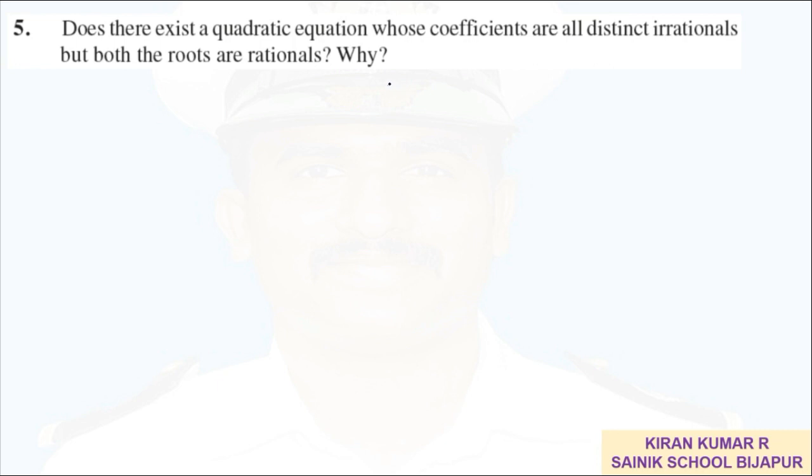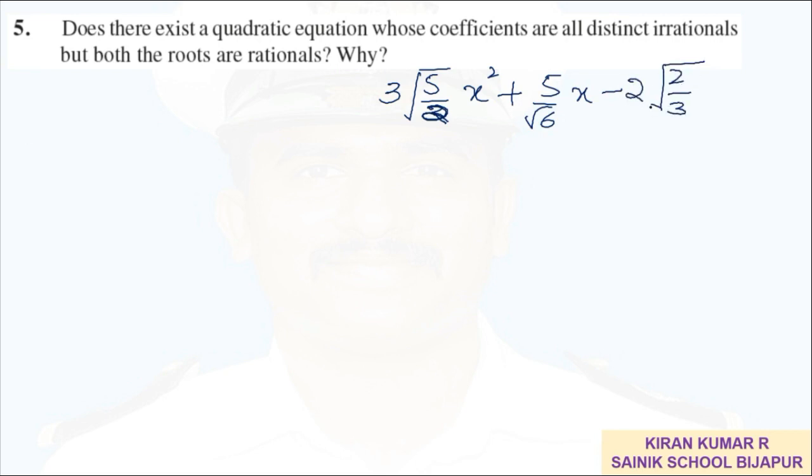So let me consider a complicated equation, 3 times root 5 by 2 x square plus 5 by root 6 x minus 2 times root 2 by 3 equal to 0. Here these are irrational coefficients.